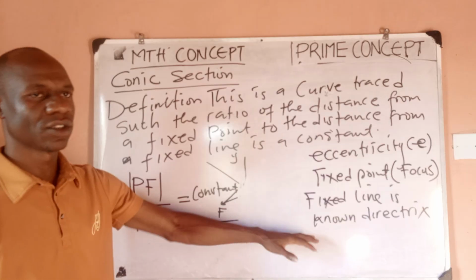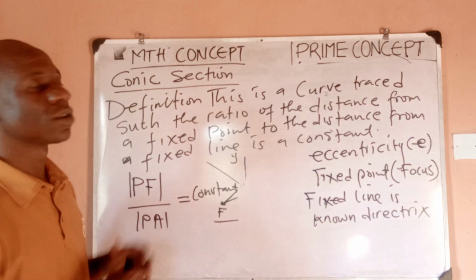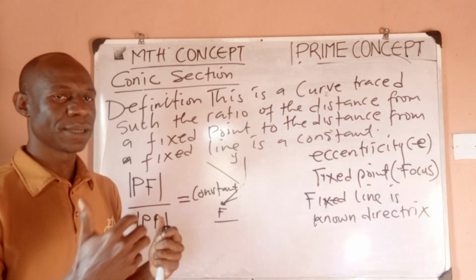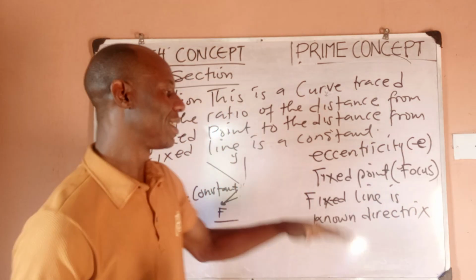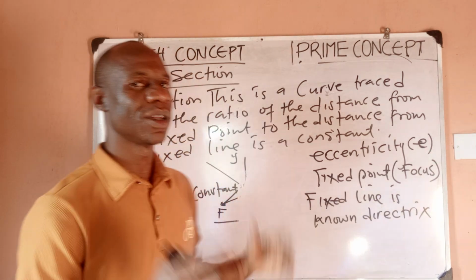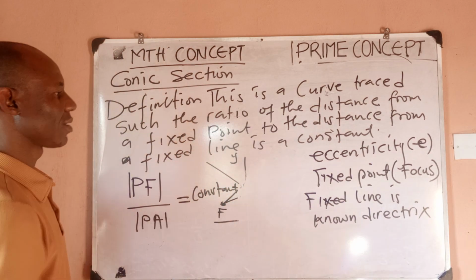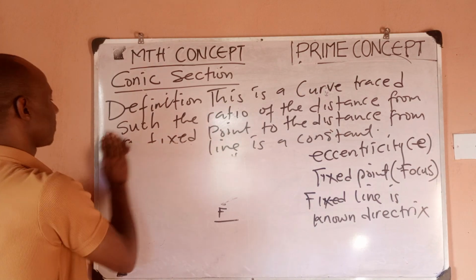So these are the things you would know. Later on, we'll mention the terms that are used in conic section and explain them so that you can really understand. When we say eccentricity, you would understand what it means. When we say focus, you would understand. Directrix, you would understand. So for now, just take note of this definition for a conic section.